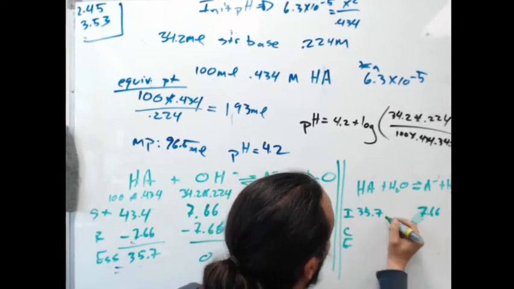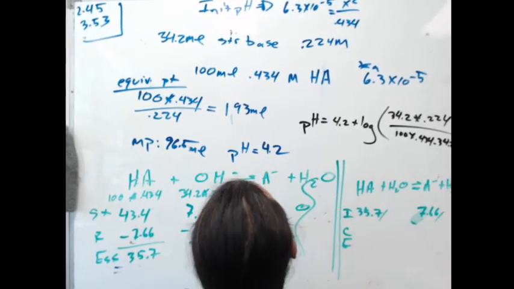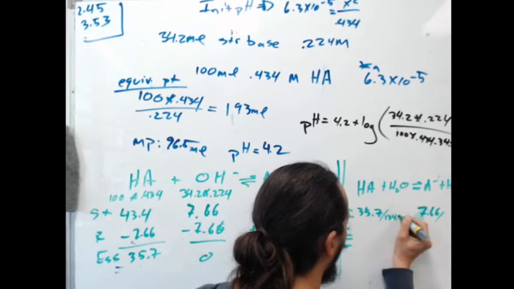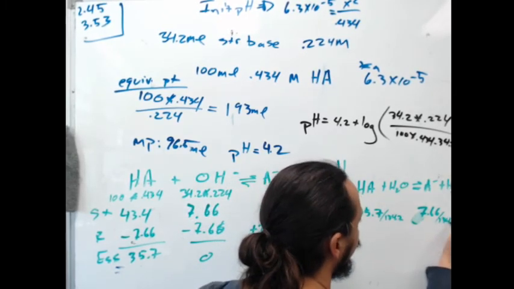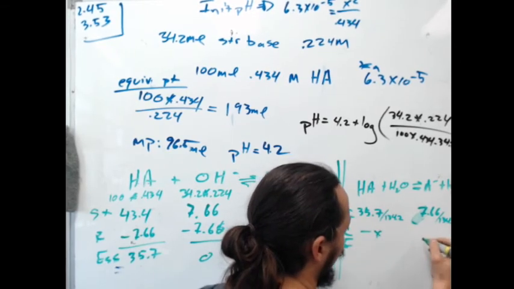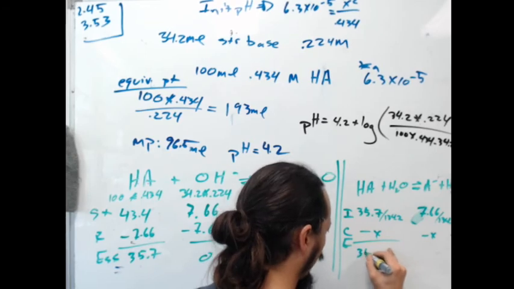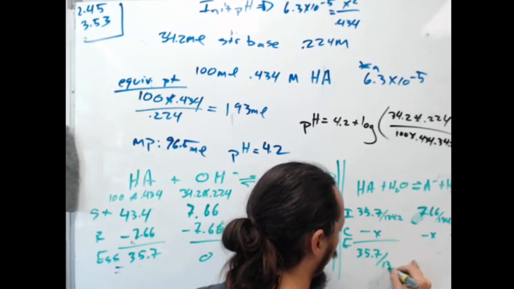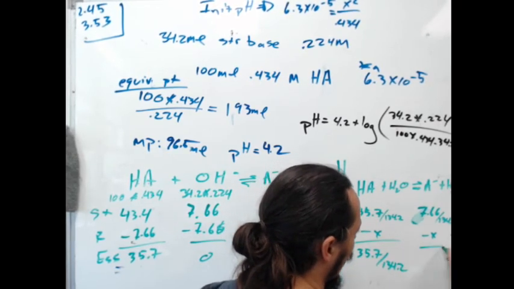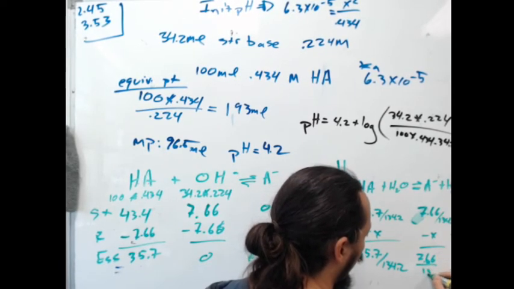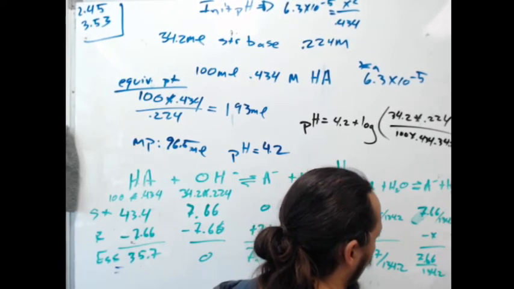I would have to divide by total volume to get it to molarity, which is going to be 134.2. I'm going to do minus x plus x. And I get 35.7 divided by 134.2, and 7.66 divided by 134.2 and x.